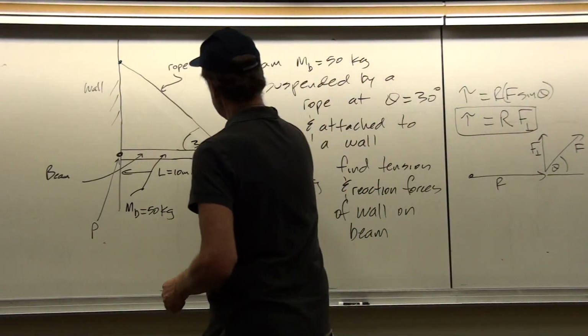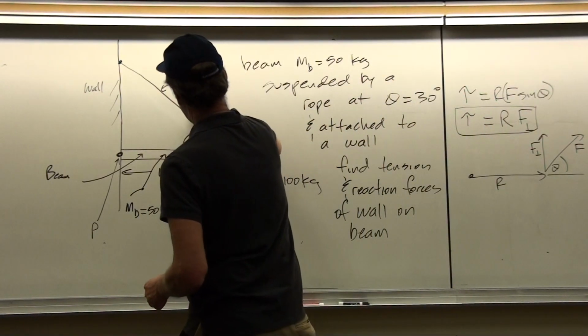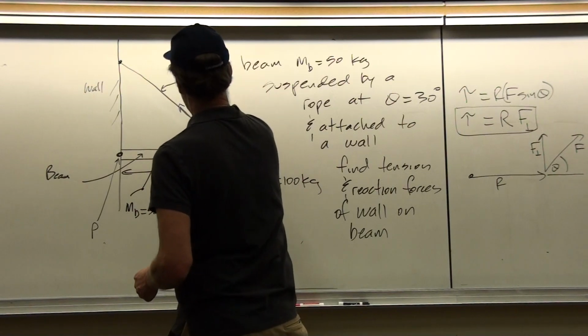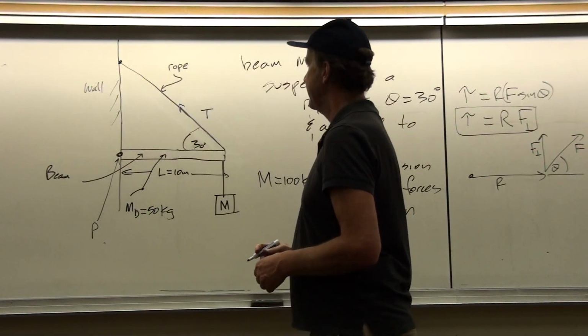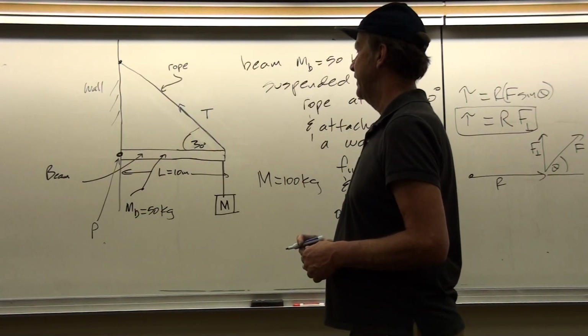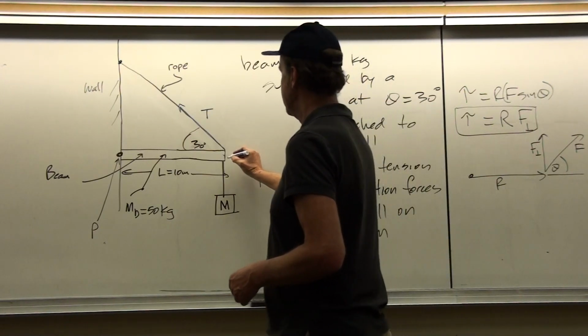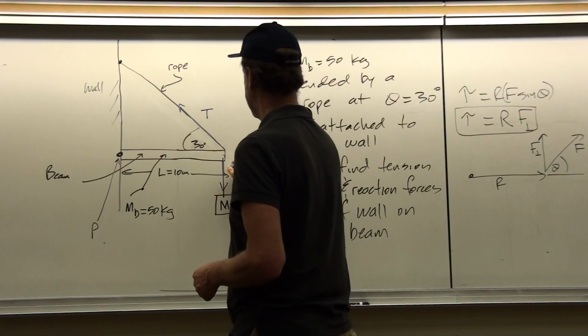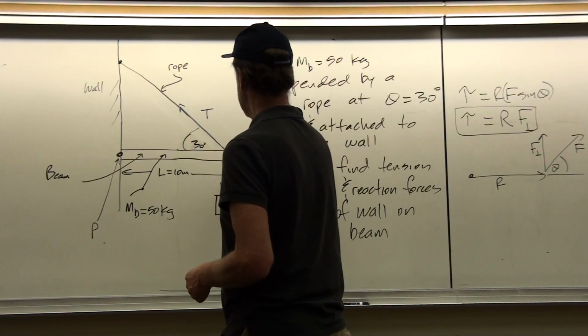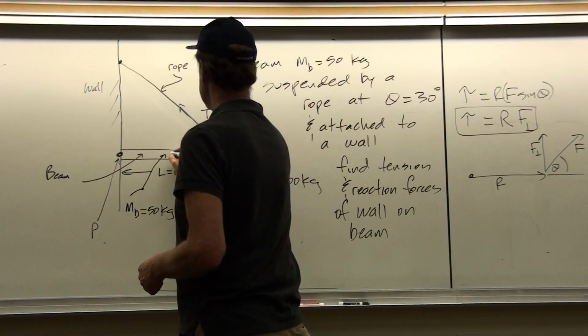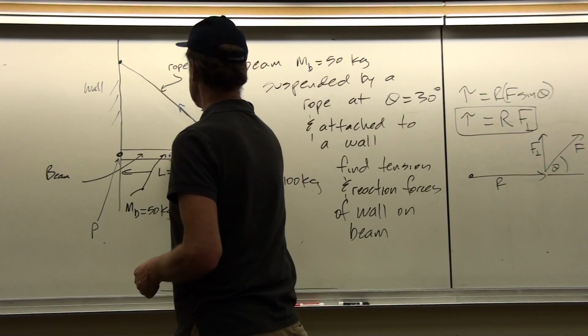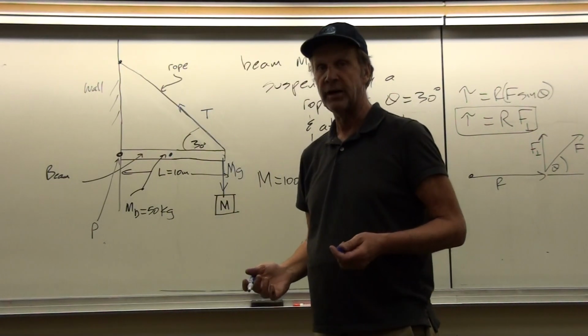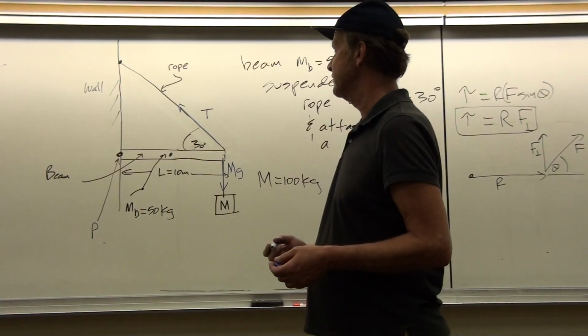And so here, attached to the beam, we have a rope that exerts a tension T. Okay, so we can say that for sure. We can also say that there is a force acting on the beam from this hanging mass that's equal to big M times G. And we can go to the center of mass position of the beam, just like we did in the last problem, and pretend that all of the mass is located there.